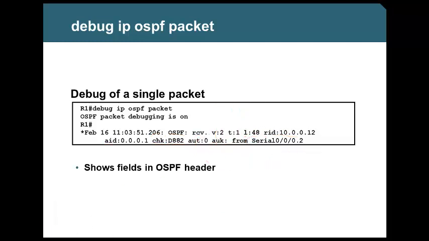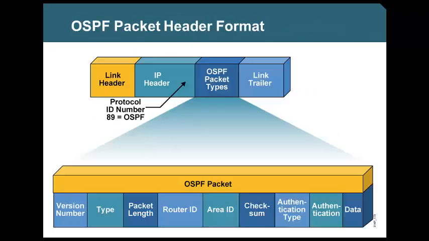This is a debug. Okay. Now going back to this. If you see these fields, they are just the same as what you saw in the debug. I just showed you a debug, no? Version 2. Type is 1. Length was 48 bytes. Router ID was some IP address. Area ID was 0.0.0.1, which is area 1. Checksum some value. Authentication type 0. Authentication key nothing. Data nothing.